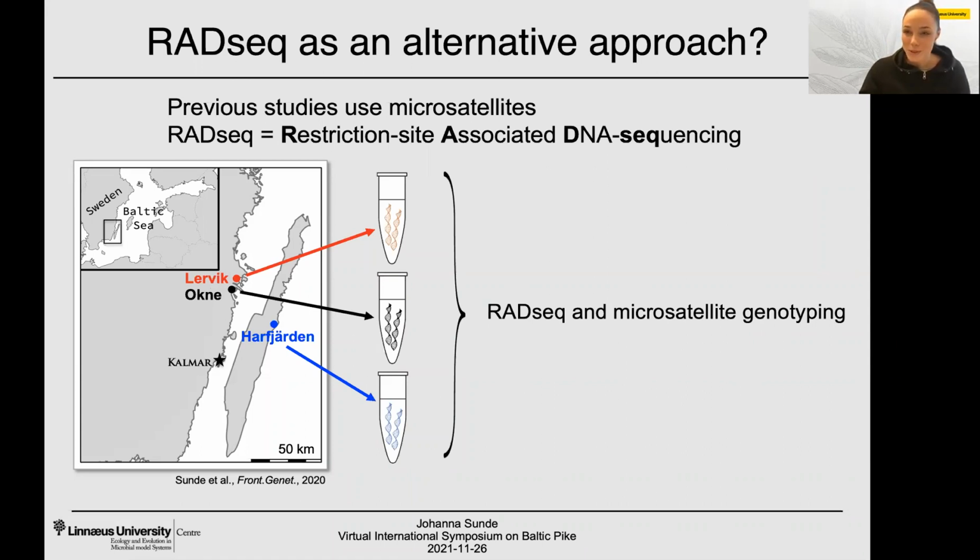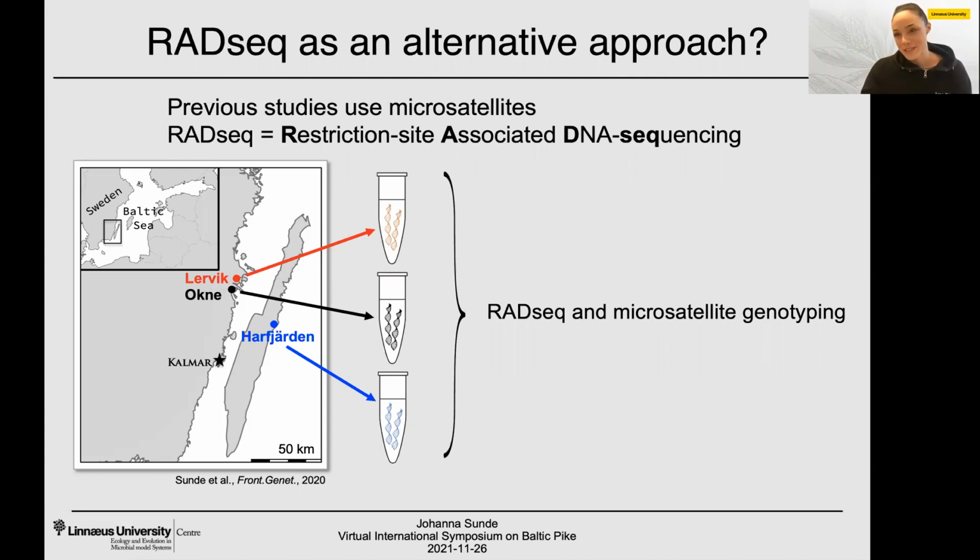We thought that we would utilize one of these methods, and RADseq, restriction site associated DNA sequencing, seemed like an option. It's a reduced representation method, which provides some information throughout the genome, though not all of it, but it gives a better estimate of the genome-wide variation.